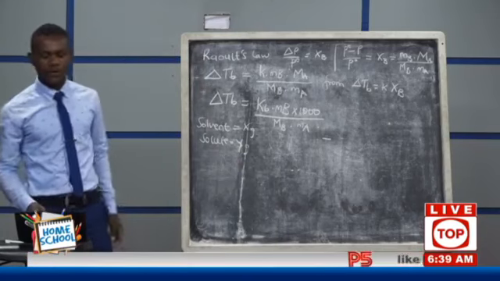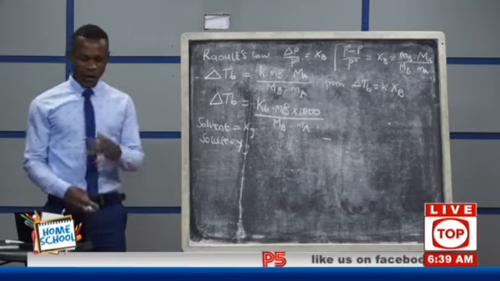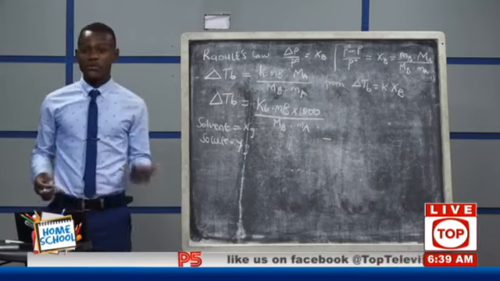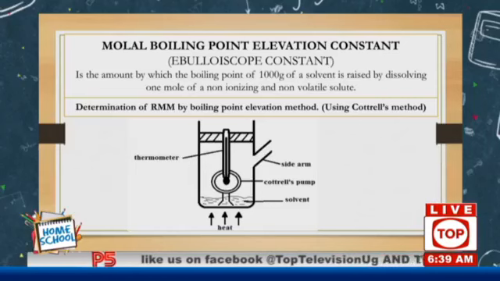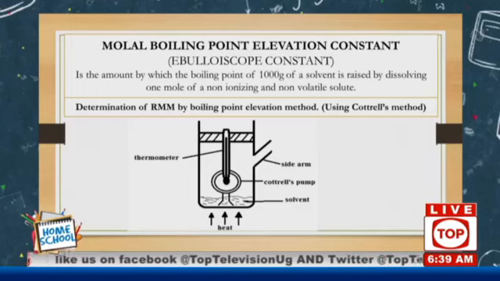Let us go back to our diagram. And we see that when you add a known mass of a solute into that solvent, remember you first added the solvent, now you're adding the solute. Okay? Then you mix and heat the solution, its boiling point will increase.